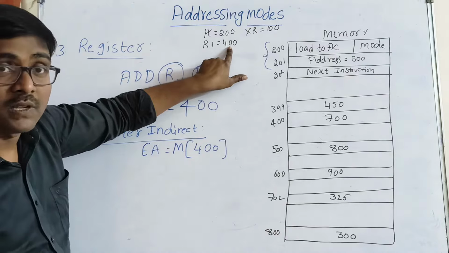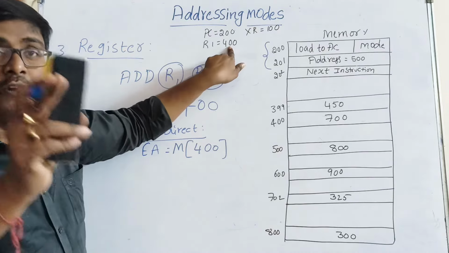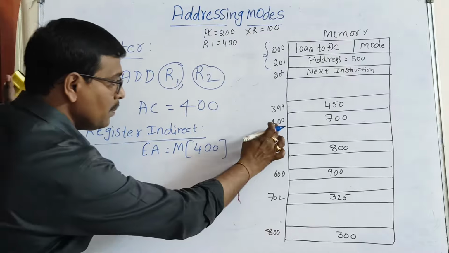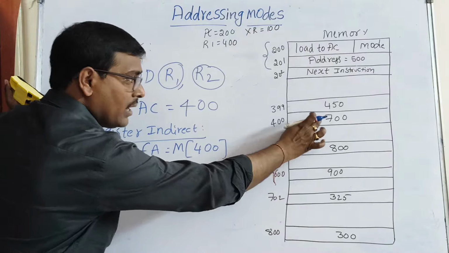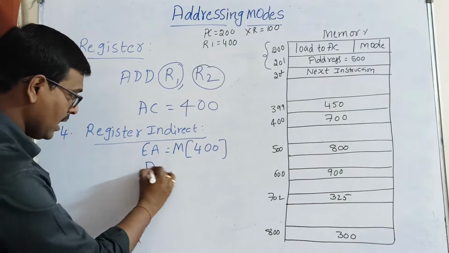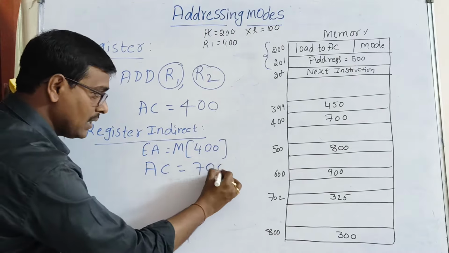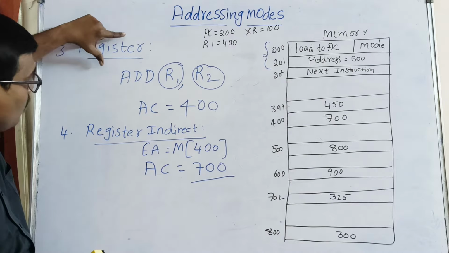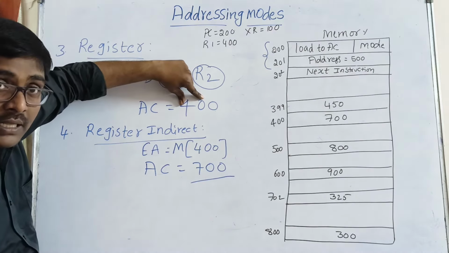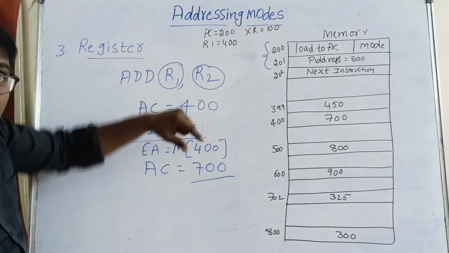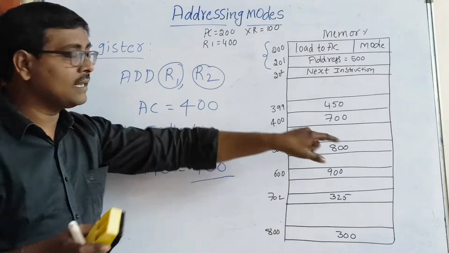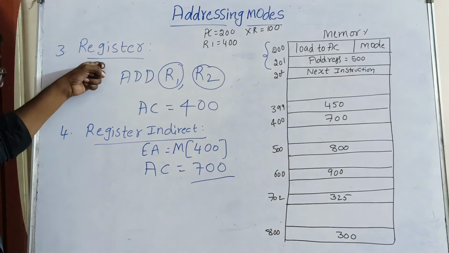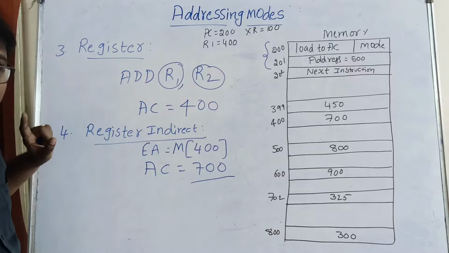Now the register specifies the address where our operand is available. So 400 is the address. Simply go to location 400. The value is 700. Now what is my operand in this case? 700. Clear the difference? In direct mode, the operand is directly there. If it is indirect, I am specifying the address where my operand is available. This is register direct and register indirect.